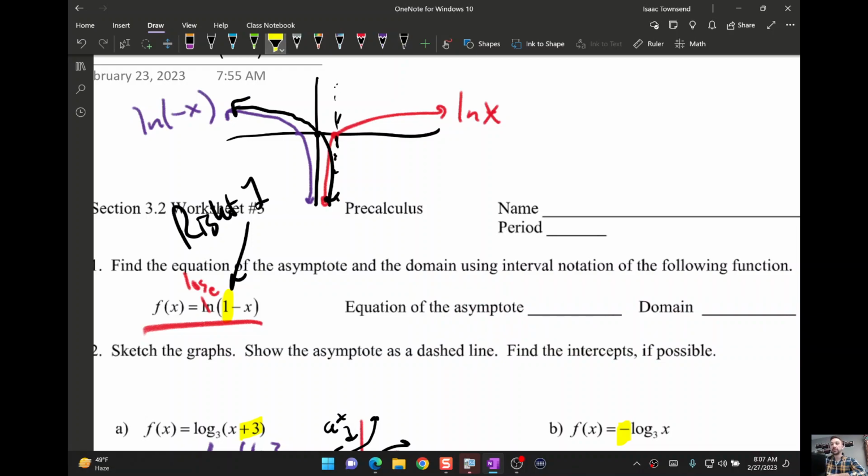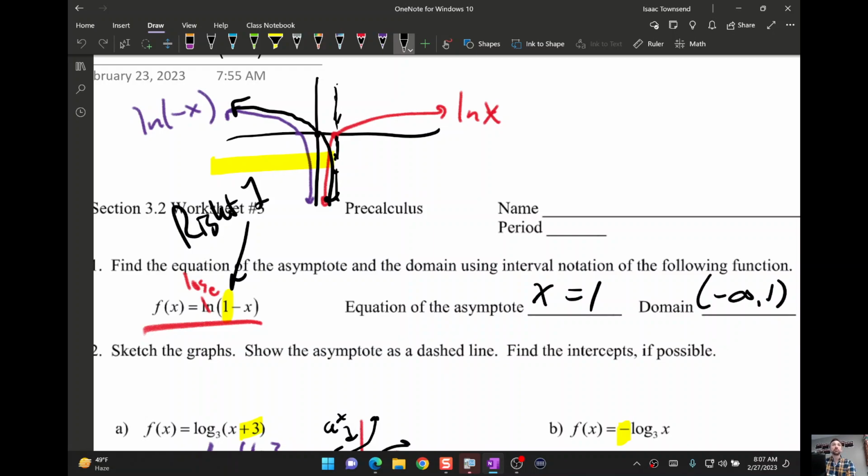Now I can see the domain is negative infinity to 1. Oops, sorry, that's the domain. And it stops here at 1 because that's where the vertical asymptote is. Vertical, so x equals 1 is the number it approaches but doesn't cross.